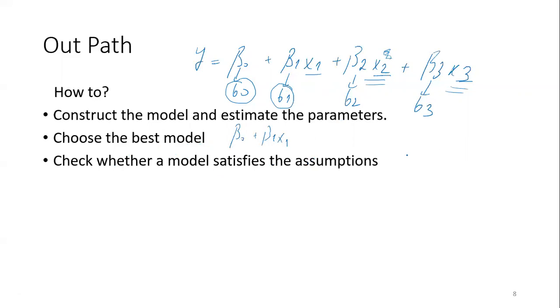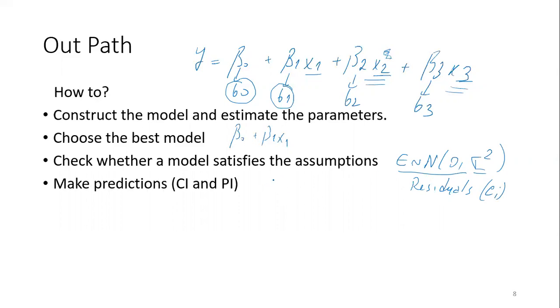Remember the assumptions? You have an error term. It should be normally distributed with zero mean and constant variance. You should be checking this. Remember, we talked about the residuals, which are the e_i terms. We will plot them and see whether the model satisfies the assumptions. After you feel that the model is fine, you will make predictions on y_i.